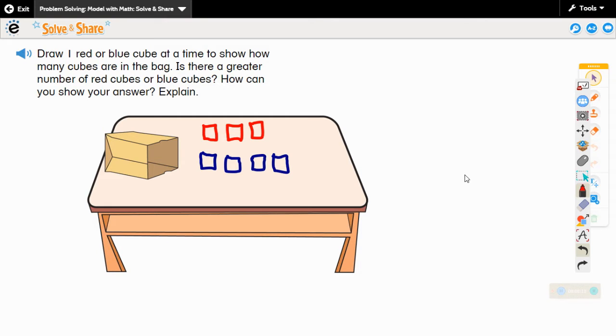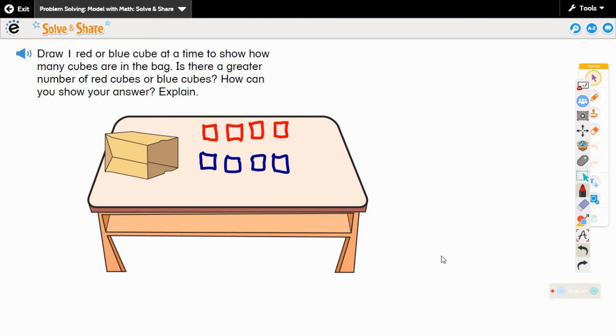Now which one has the greater number? It's still the blue, isn't it? Because we have 1, 2, 3, 4 blue squares and 1, 2, 3 red squares. Okay, draw another red square. Now which color do we have a greater number of?